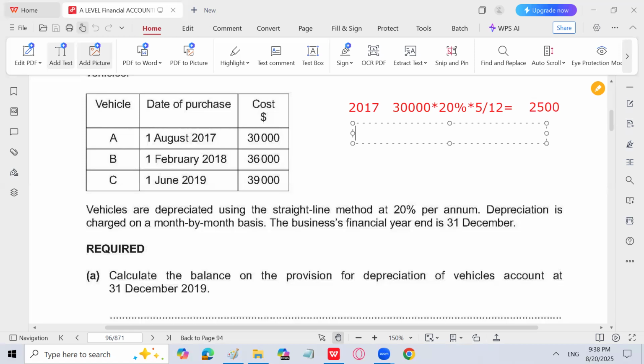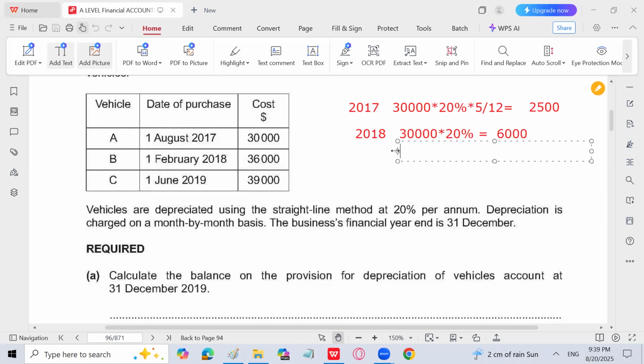Now we are supposed to calculate depreciation for 2018. In 2018, we have two types of assets. One which we already have from the previous year. We will calculate depreciation on 30,000 at the rate of 20% for the whole year, which is going to be 6,000. And one asset we have purchased new in 2018, which costs 36,000 into 20%. In how many months will we calculate? From 1st February onwards.